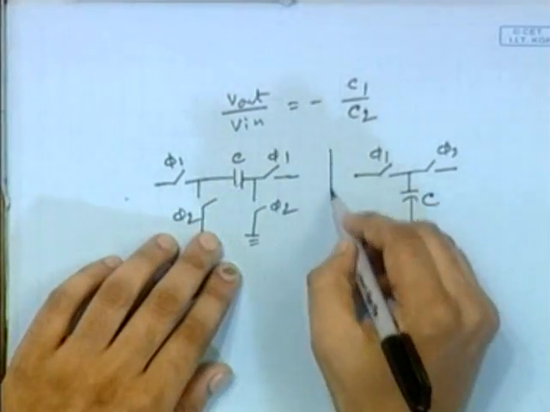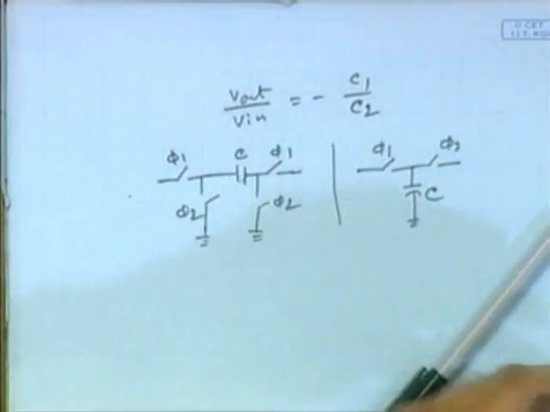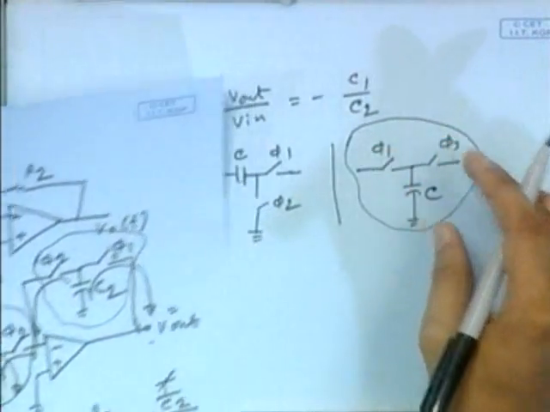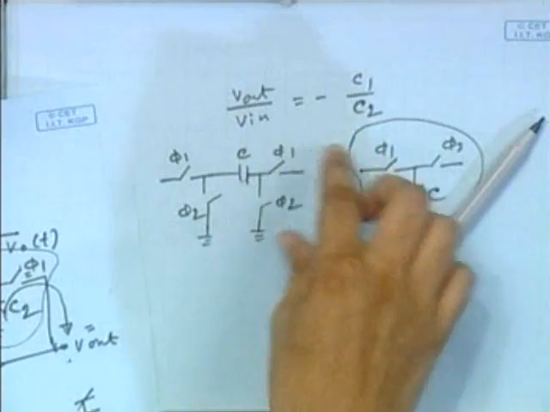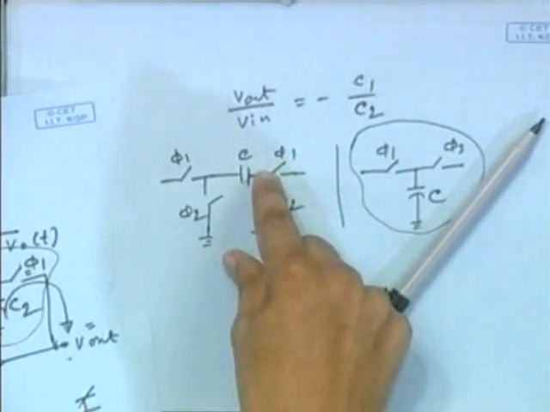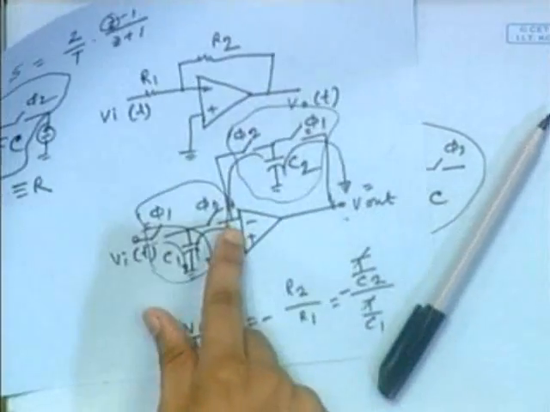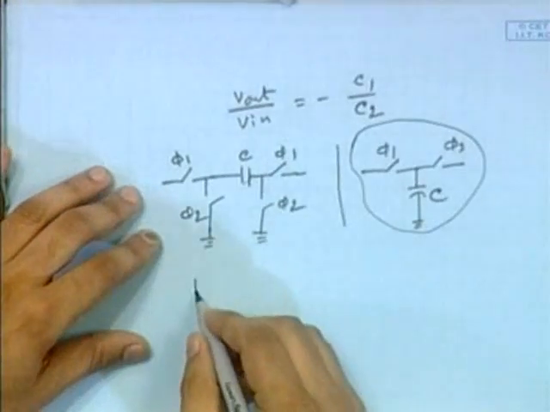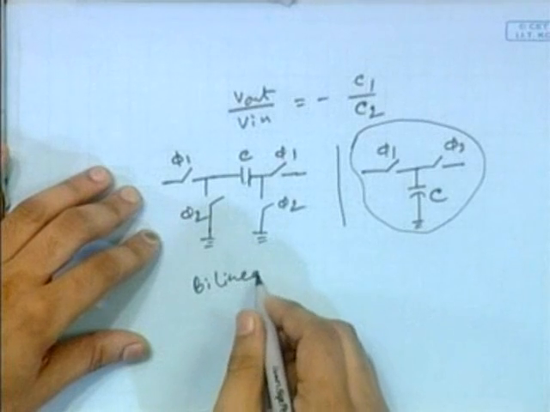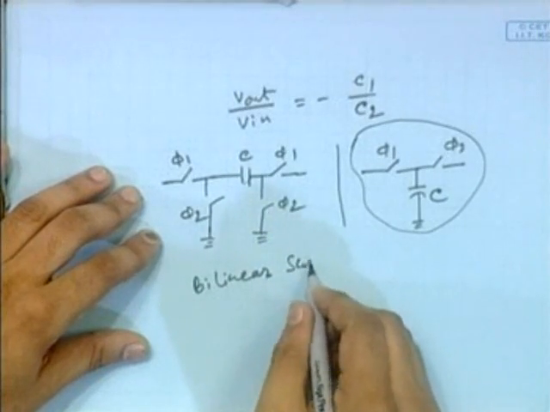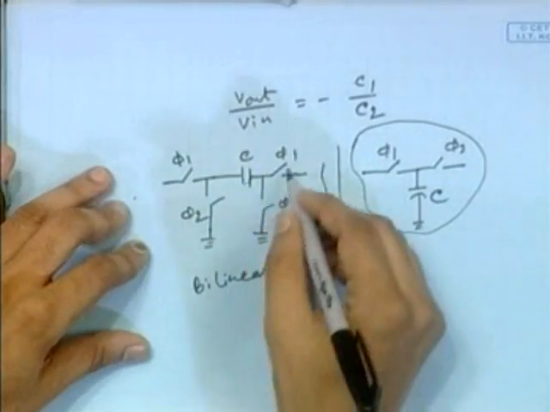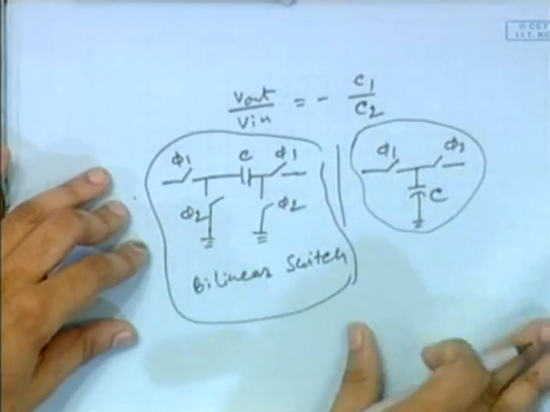Now we design the first circuit using this type of resistor, this type of circuit. This circuit is equivalent to this circuit, but this can eliminate this type of problem. This is a bilinear switch. So to remove that type of problem, we can use this type of switch in those cases.